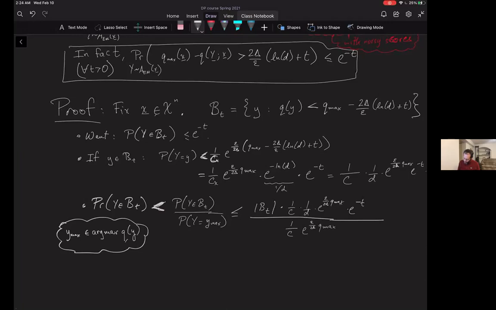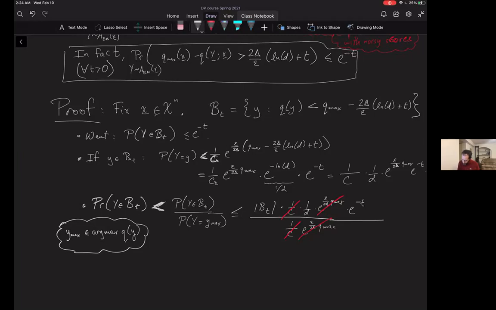Anyway, now a few things cancel. The 1 over c cancels. The e to the epsilon over 2 delta q max terms cancel. And what we're left with is the size of the bad set divided by d times e to the minus t. But the size of the bad set is at most d.